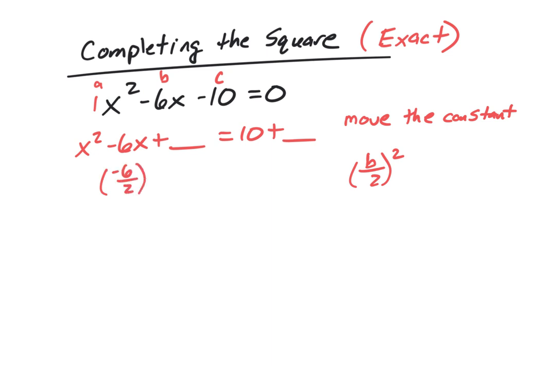We're going to divide it by 2, and we're going to square it. So -6 divided by 2 would be -3. -3 squared is 9. But when we have an equation, whatever I do to one side, I got to do to the other, right? So that's why I draw a blank on both sides, because if I add 9 to the left, I also got to add 9 to the right.